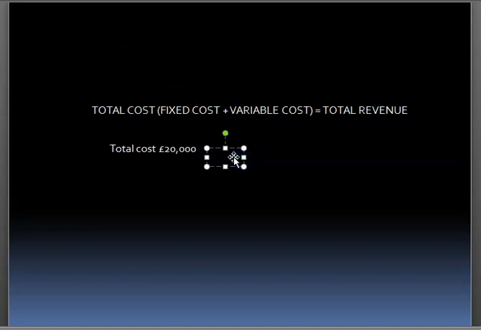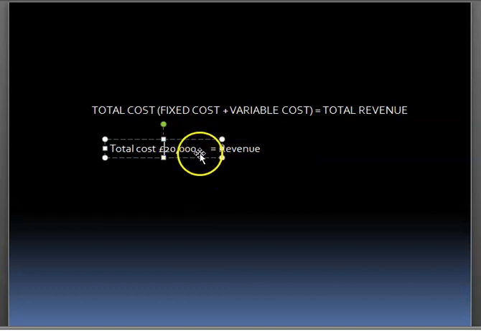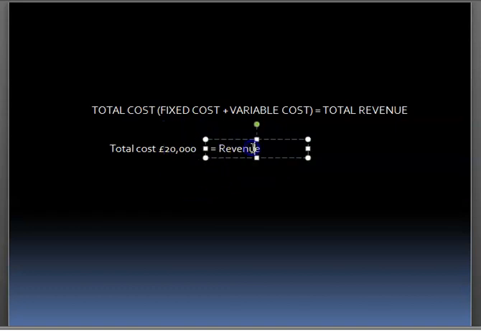So total cost equals revenue. If they spend £20,000 making all the computers, they want to know how many computers we need to produce to be able to make the £20,000 back.